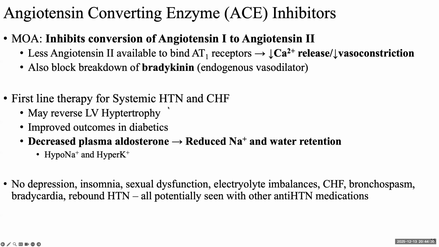It could also improve outcomes in diabetics. And we'll see, because of our decreased levels of angiotensin 2, we'll also probably see decreased plasma aldosterone, which means less sodium and less water retention, right? So it's possible to see maybe even hyponatremia and hyperkalemia as a result.